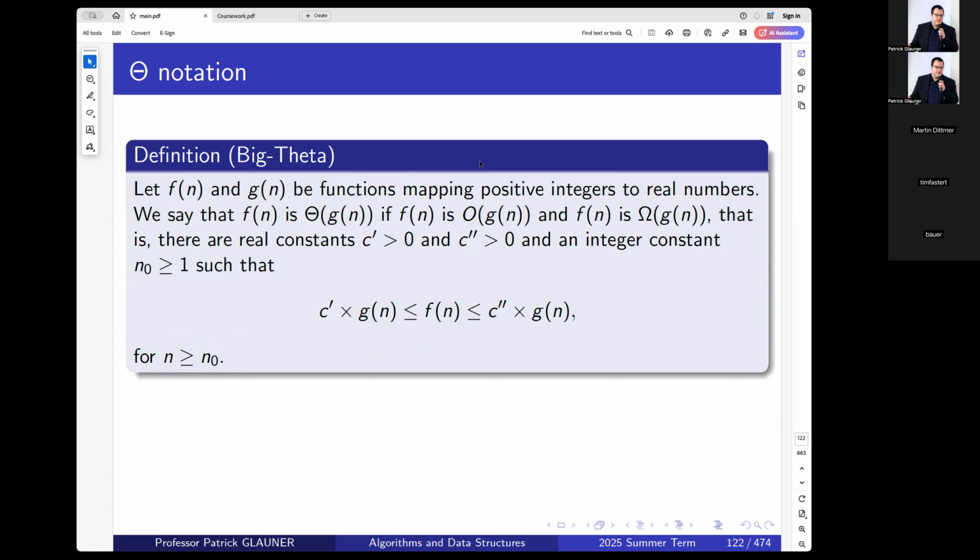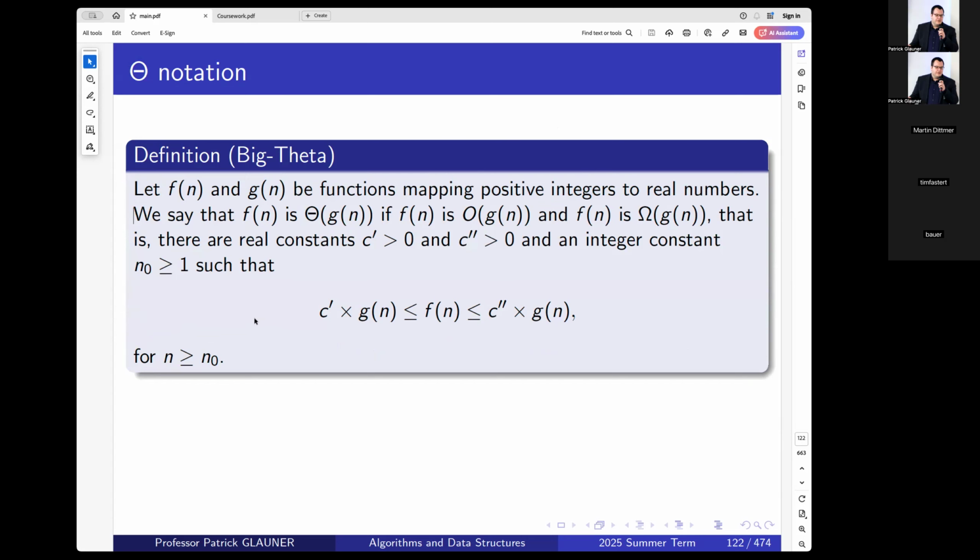Now we can actually combine both things we have just seen, O and omega, and we come to a so-called big theta notation. What is this big theta notation? We can say f of n and g of n are positive, mapping functions as before, mapping positive integers to real numbers.